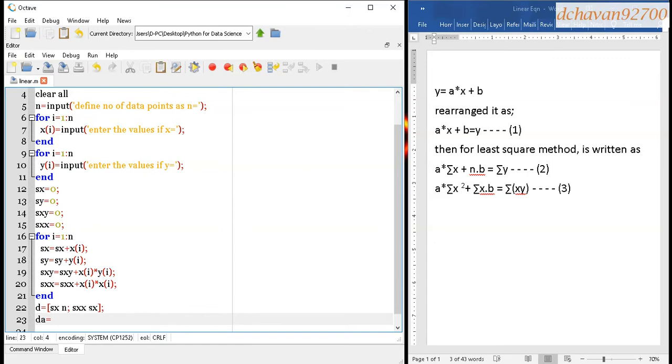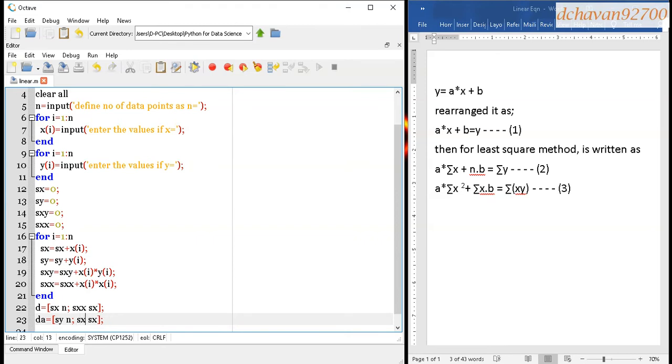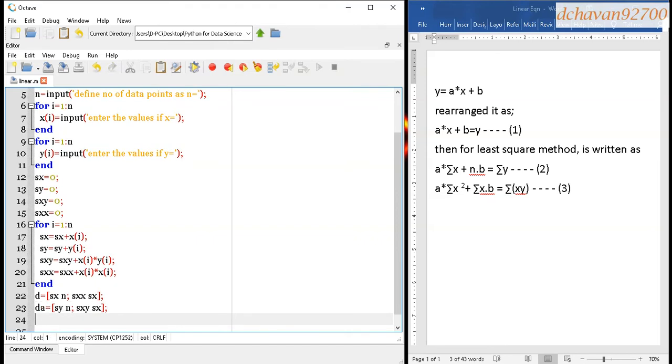Now we define dA. Now dA means what? Now we have to define the matrix for value a. So in that case we eliminate first column, and the first column is replaced by what? RHS. So we copy it as it is, and this value and this value are going to be replaced by the RHS. So in this it is sy, and in this case it is sxy. Now we find dB.